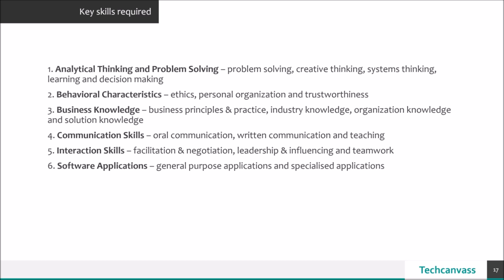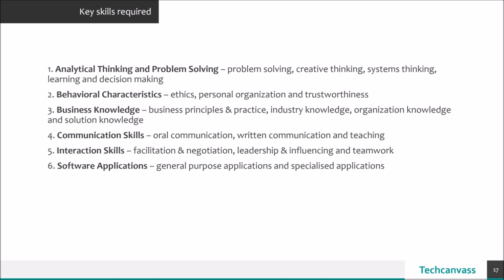There are some business principles and practice, and some industry knowledge involved, and how well you know the organization as well as the solution. Communication skills, I think, are very important, in terms of oral and written communication and how you can explain anything to a user. Storytelling is again very important in explaining things to your users.